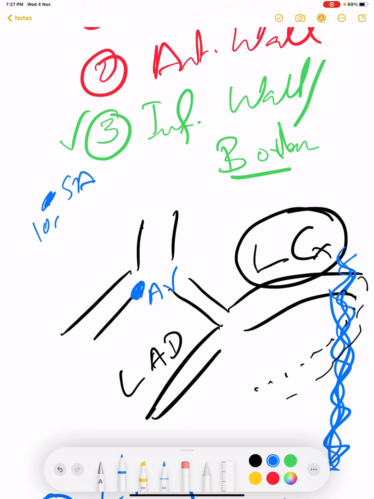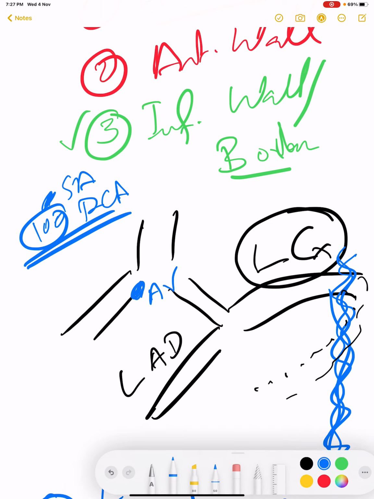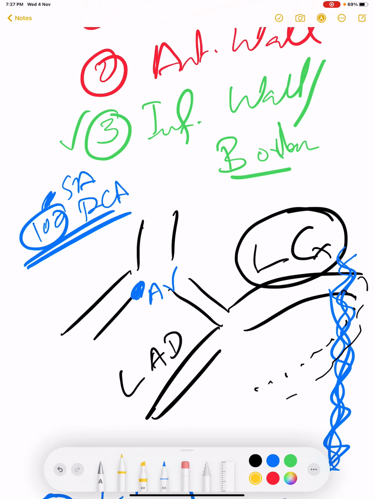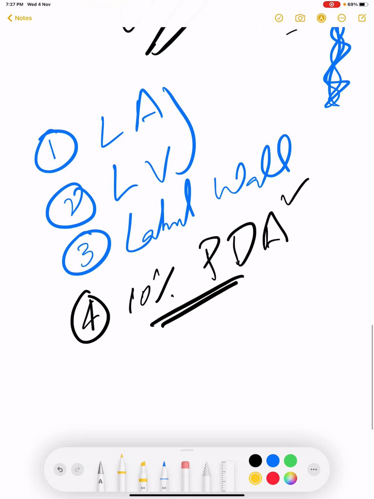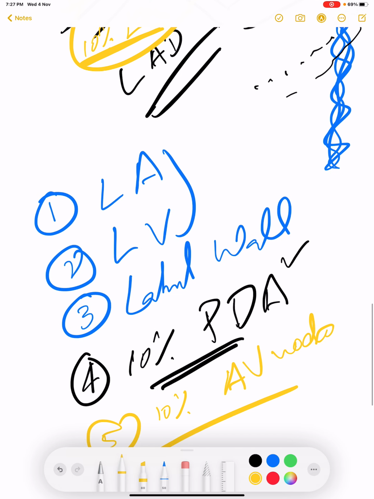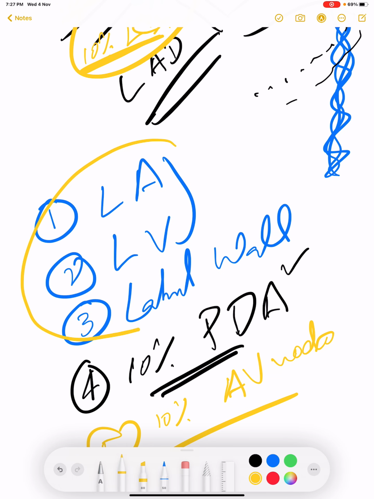SA node is almost always supplied by right coronary artery, and AV node is also about 90% of the time supplied by right coronary artery, but in 10% of cases it can be supplied by left circumflex artery. But the most important I have mentioned over here is the lateral wall.